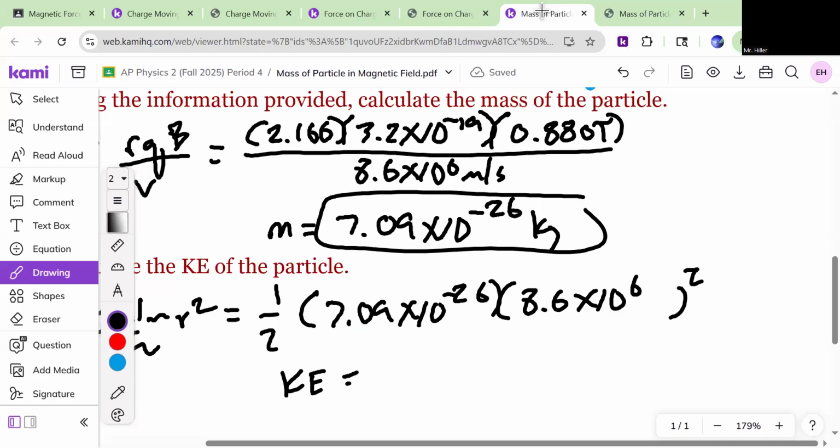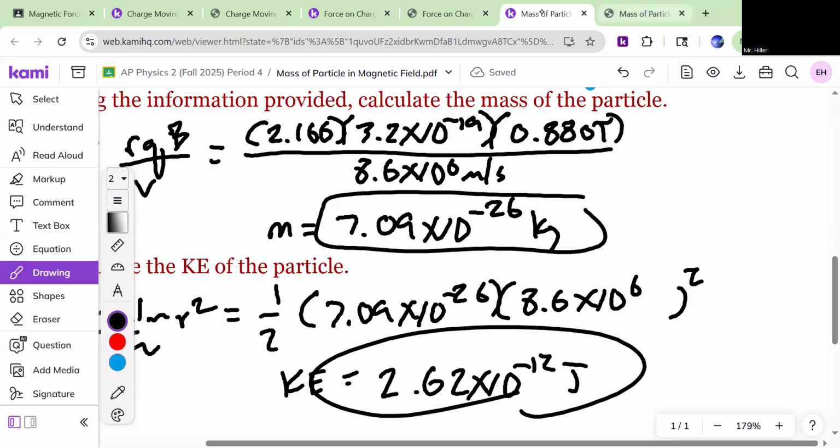So I'm going to go 8.6 E6, square that, times that mass, 7.09 times 10 to the negative 26, and then take half. Okay, so I'm looking at a kinetic energy of about 2.62 times 10 to the negative 12 joules. All right, let's enter it in and see how we did.